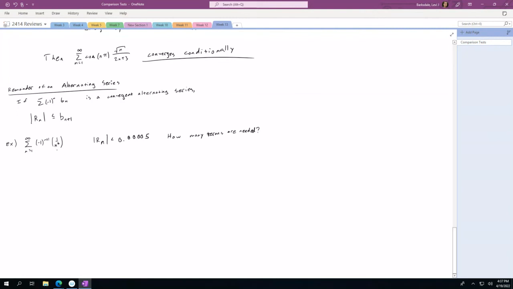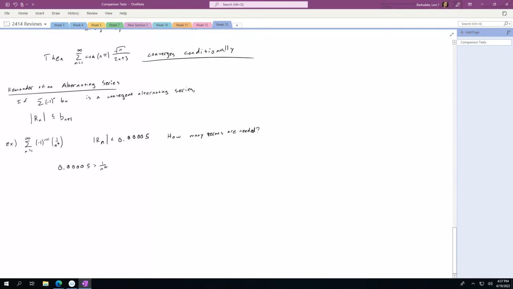So all we do is we need to figure out where this value here is going to be, so where our 0.00005, we just need to figure out where this is larger than 1 over n to the 6th.